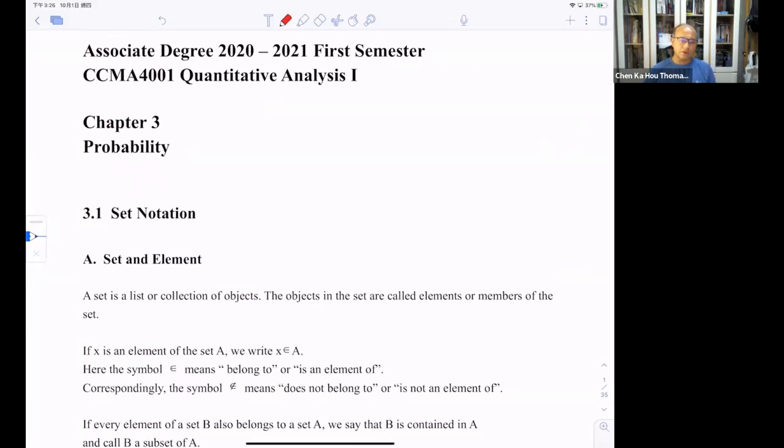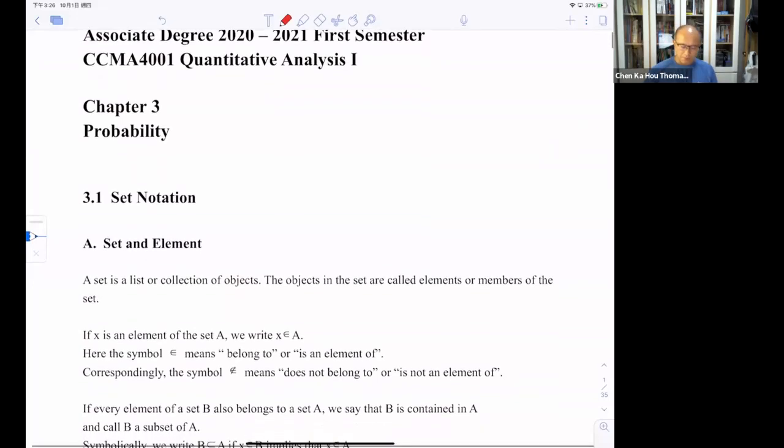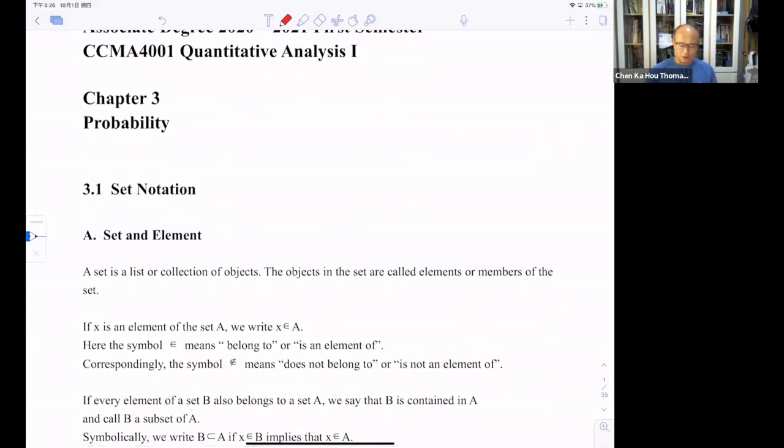But I will also introduce the symbols we commonly use in probability, the rules we use, the different situations, and how we apply probability knowledge to solving problems. Probability in Chinese is 概率, and it starts with set theory. In Chinese it is called 集合, 集合定律, for teaching probability.